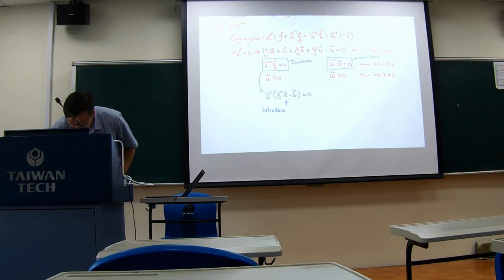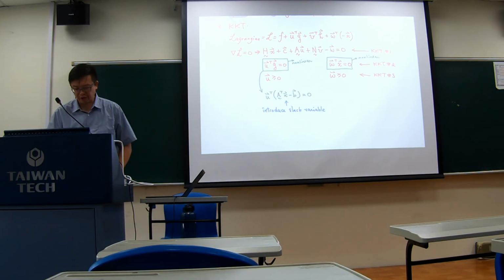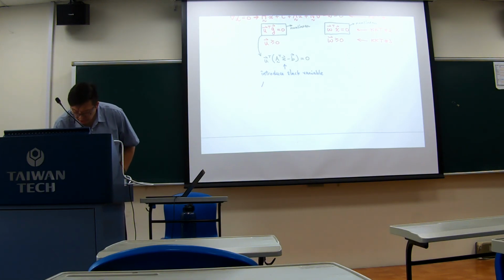But this time we are only introducing it in this form: A transpose x minus b, we're going to say s vector.